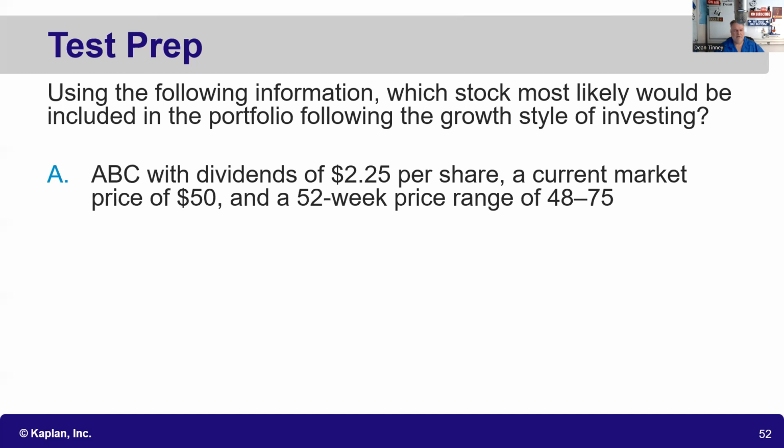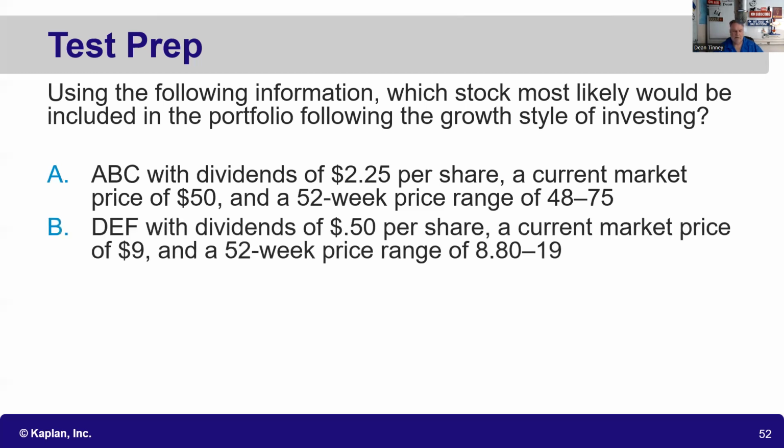Our first says ABC with the dividends at 225 and a current market price of 50. A lot of ways to do these things, but I'm going to take 225 and divide it by 50. I come up with a current yield of 4.5%. That does not sound like a growth stock. In its 52-week price range, it's on the lower end. That looks more like a value stock than a growth stock.